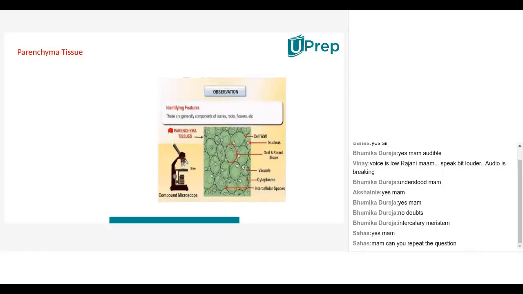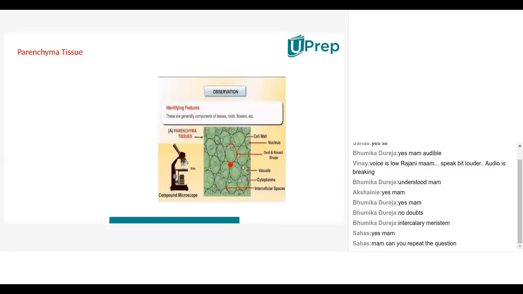You just compare the meristematic tissue and parenchyma tissue. Parenchyma tissue function is basically storage. That's why they possess big vacuoles. Okay? When compared to the small nucleus, every cell will have a big vacuole in parenchyma tissue. When you compare the same vacuole part with the meristematic tissue, you won't find any vacuole.